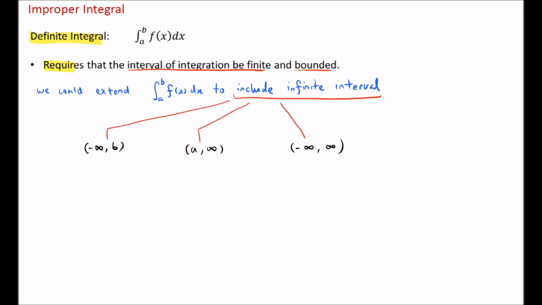So for example, we can draw a graph that shows this property. Let's say here is negative infinity and here is b.